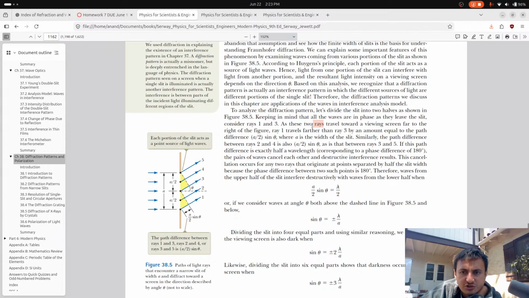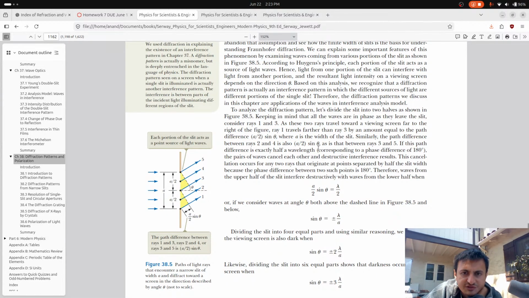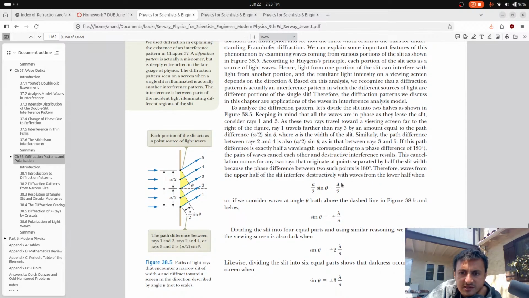As these two rays travel toward a viewing screen far to the right of the figure, ray 1 travels farther than ray 3 by an amount equal to the path difference, (a/2) sine theta, where a is the width of the slit. Similarly, the path difference between 2 and 4 is also the same, as with 3 and 5.